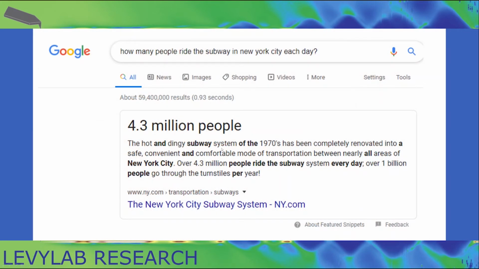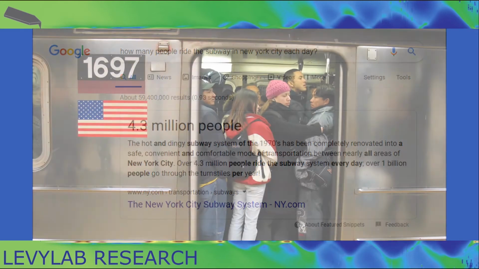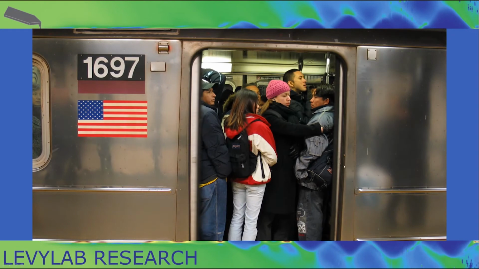Speaking of which, the New York City subway system hosts 4.3 million people every day. So whether it's Mardi Gras or not, there are 4.3 million people who are packed together, many of whom look like they're packed together in Mardi Gras, but they don't seem to have the same exuberance about doing so.